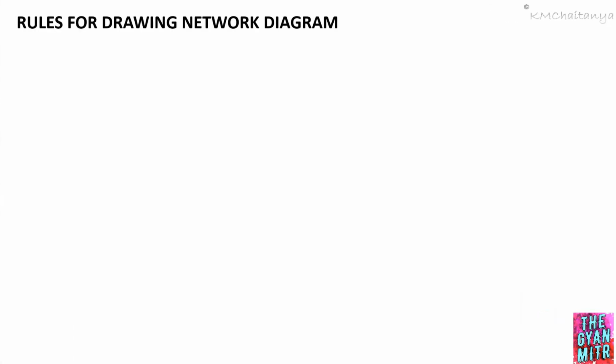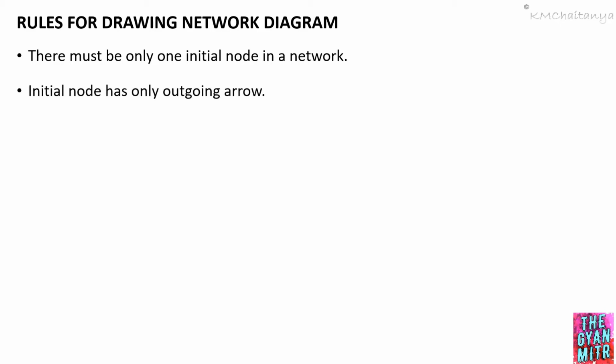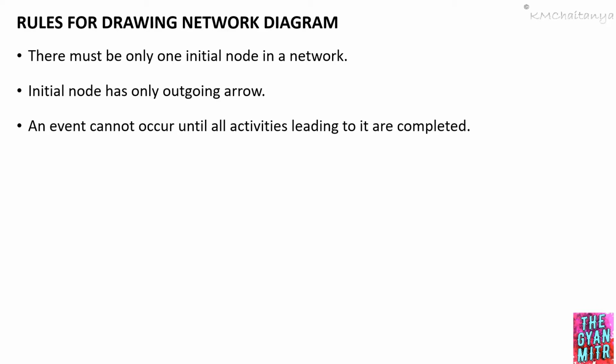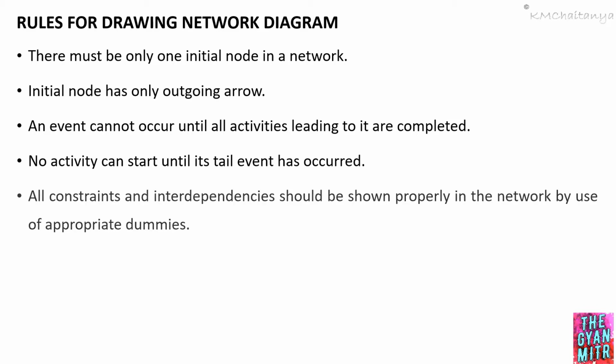Now let's look into the rules for drawing network diagram. There must be only one initial node in a network. The initial node must have only outgoing arrows. An event cannot occur until all activities leading to it are completed. No activity can start until its tail event has occurred.